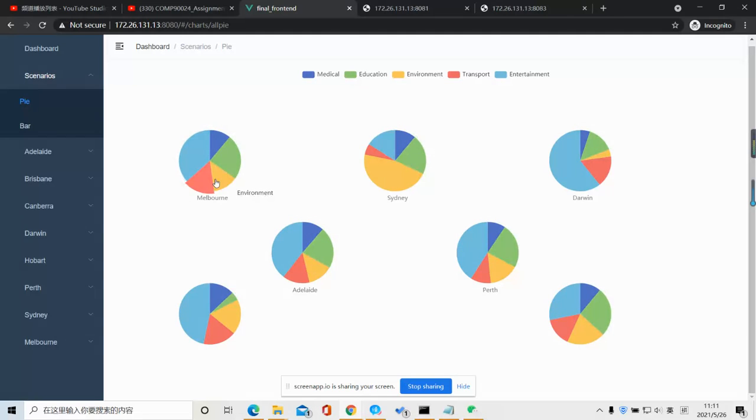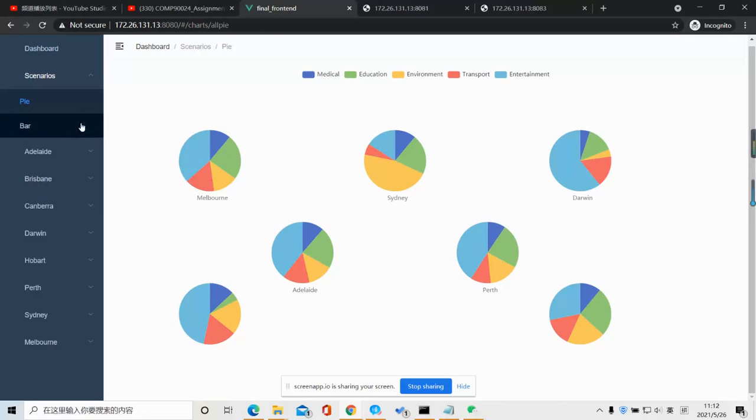Taking Melbourne as an example, the majority of tweets are talking about entertainment, and the minimum topic talked about is medical. Similarly, for Sydney, a lot of people are talking about environment on Twitter, and very few people are talking about transport.